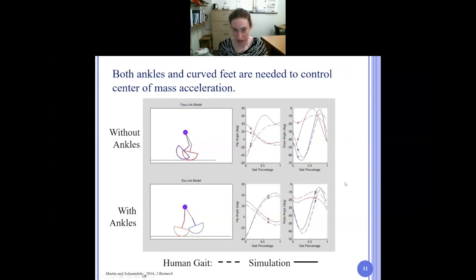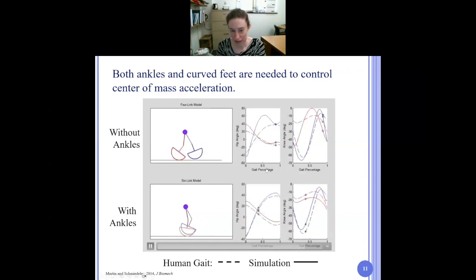I then matched experimental data and simulation data as closely as possible. So specifically, I found model gaits that matched experimental data as closely as I could. In these plots, the dashed line is the experimental data, and the solid line is the simulation data.